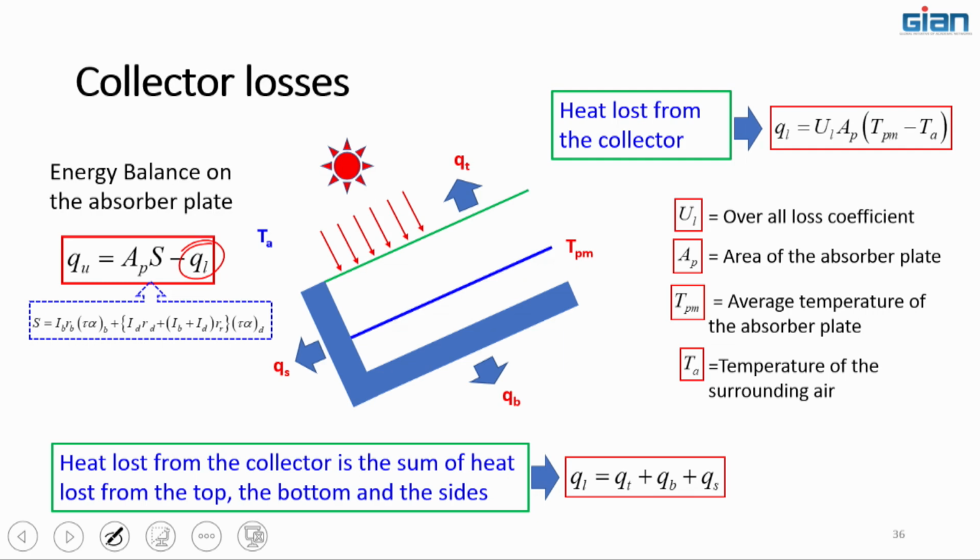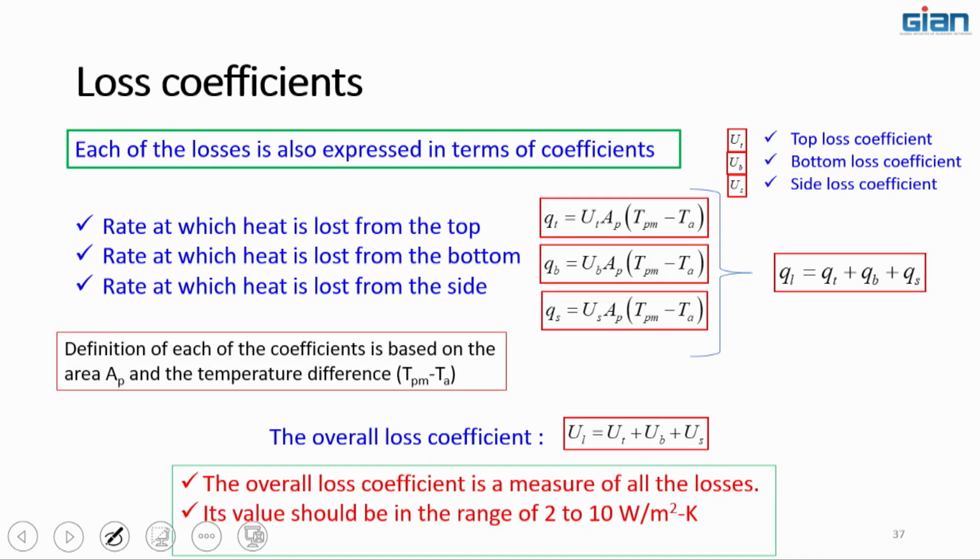And this can also be expressed in terms of loss coefficients. The rate at which heat is lost from the top is something like this, UT, then UB is for the bottom and US for the sides, and these are all constant, we are considering them constant.